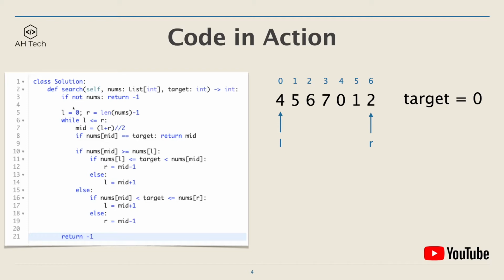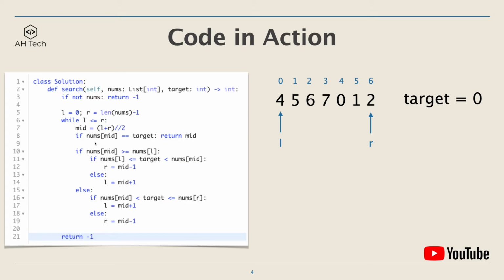So at the beginning, the left and right pointer will point to the first and last element in the array. And the condition is while left is smaller or equal to right, and then first calculate the middle index. And if the middle element in the nums array is equal to target, then we will just return the index.